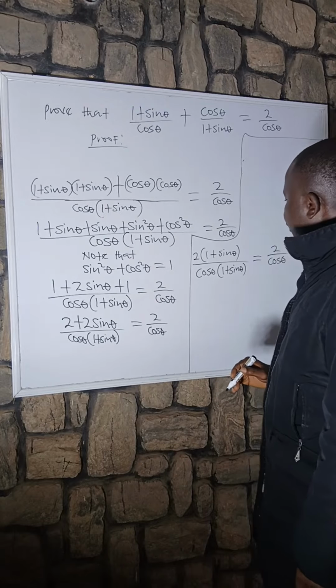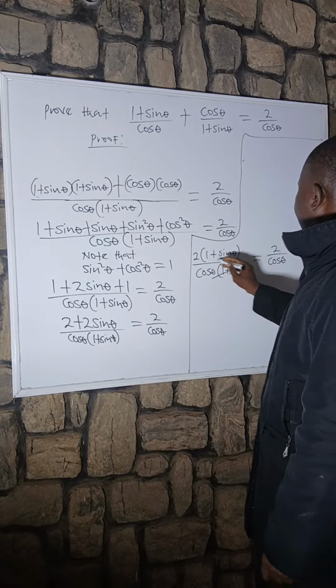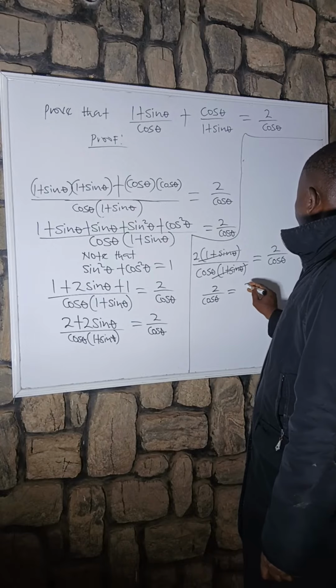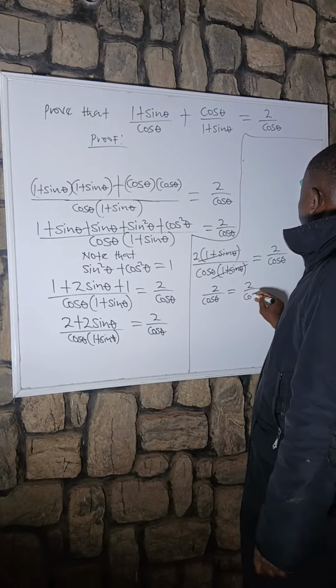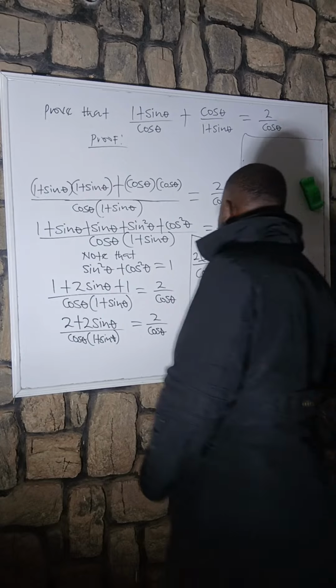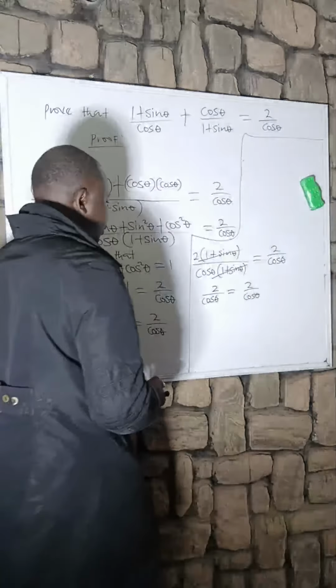Can you see now? So this and this will go, equals 2 all over cos theta. And this satisfies the proof.